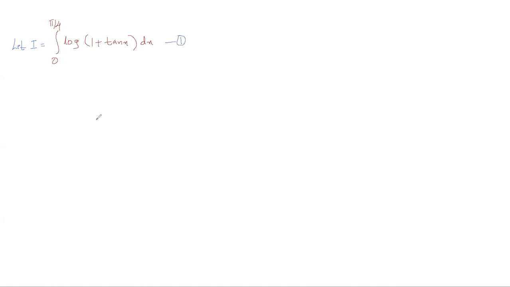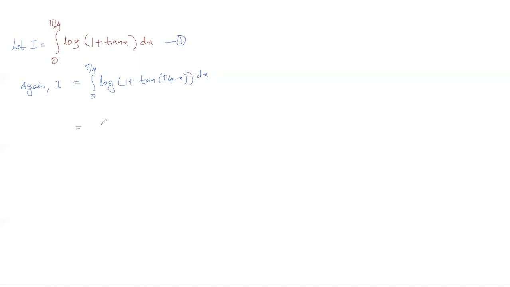Again, applying that famous property, I is equal to integral 0 to pi by 4. This property we are applying many times, frequently. Instead of x, we use a minus x, so pi by 4 minus x, dx.